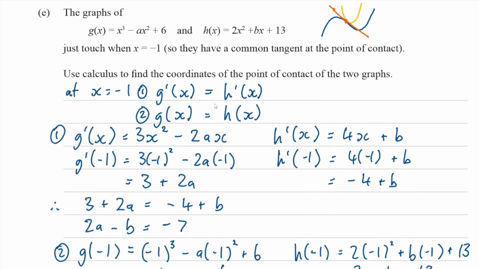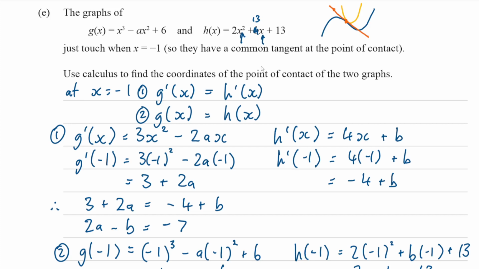So, to go about that, I will choose h of x, as it's slightly simpler than the cubic. And we know what b is. b is 13. And we know that they intersect when x is negative 1.